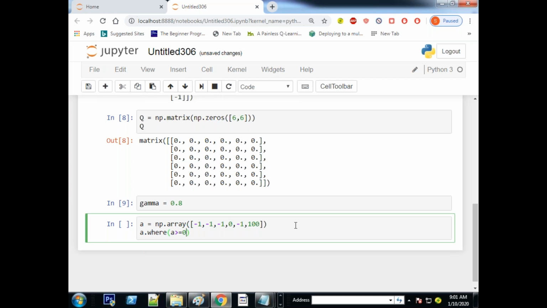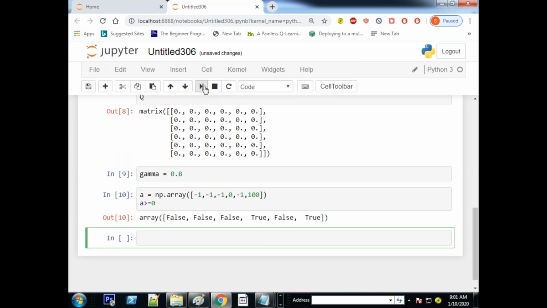Understood? Okay, before going for this where, directly if A is a NumPy array, I give A greater than or equal to 0. What is the statement you just observed? For which values the given condition is true, those values it returns. Are you getting this or not?